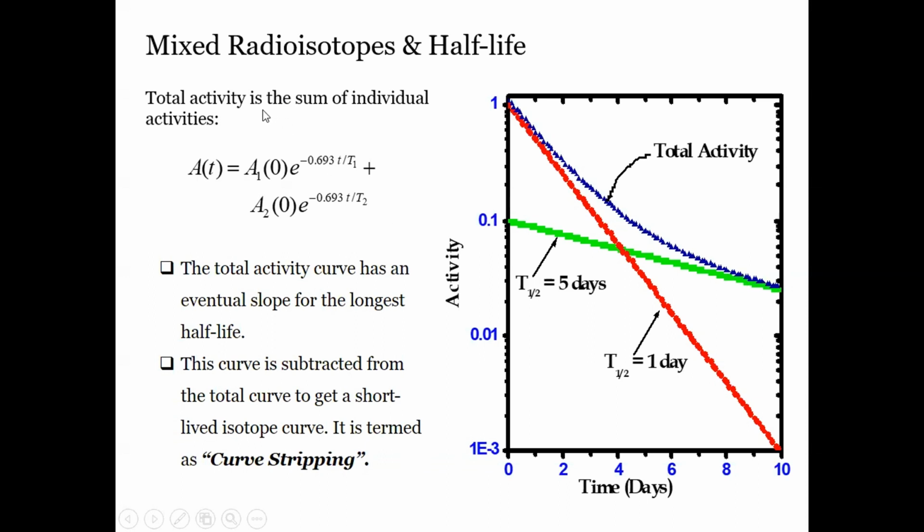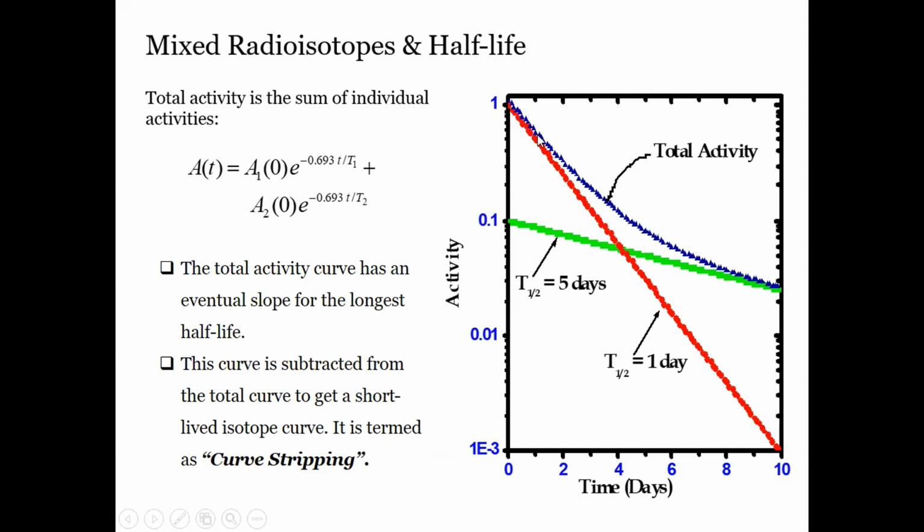The total activity is basically the sum of the individual activities. The first contribution comes from T1, and the second contribution comes from T2, the second sample. The total activity curve has its eventual slope set by the longest half-life, and that curve is subtracted from the total curve to give the short-lived curve, which is called curve stripping.